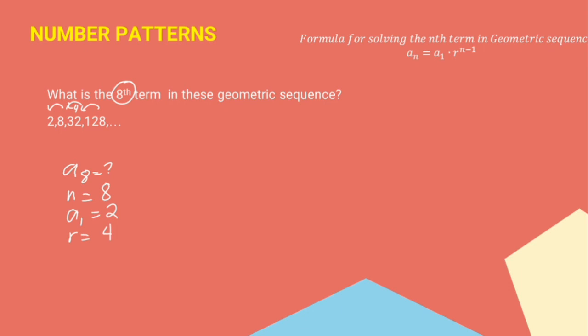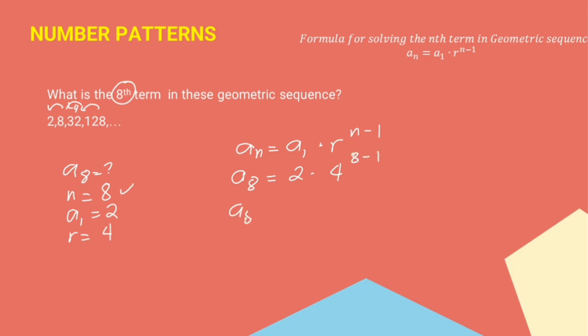Now, let's begin to solve. Okay, so write the formula for geometric sequence: a sub 1 times r raised to n minus 1. So, getting the value of a sub 8, the value of a sub 1 is 2, times the value of r, which is 4, raised to the value of n, which is 8, minus 1.